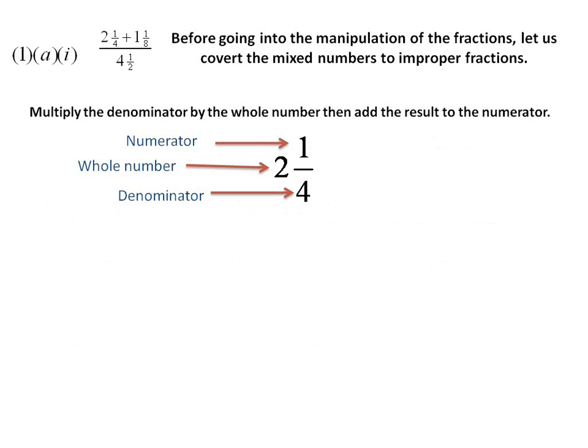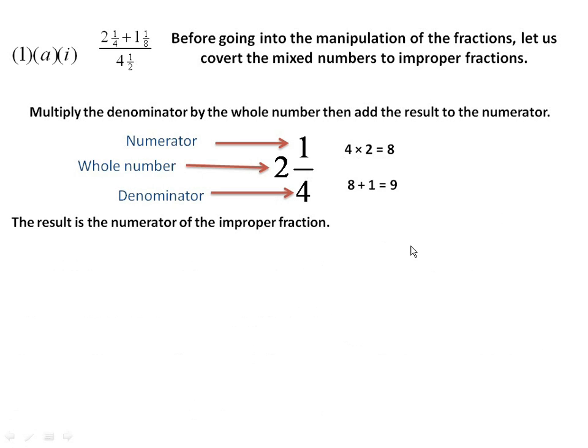In converting this to an improper fraction, we will first multiply the denominator by the whole number. The result is then added to the numerator. So we have 4 multiplied by 2, and that is equal to 8. 8 plus 1 is equal to 9.